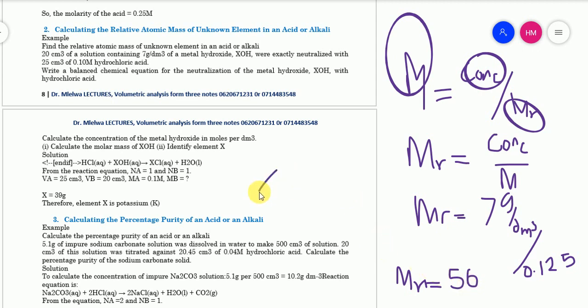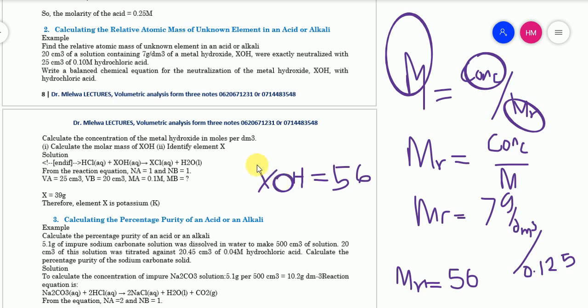That means XOH is equal to ngapi? Is equal to 56. But remember, you know the molar mass of oxygen and hydrogen.